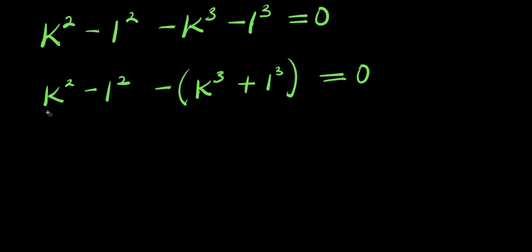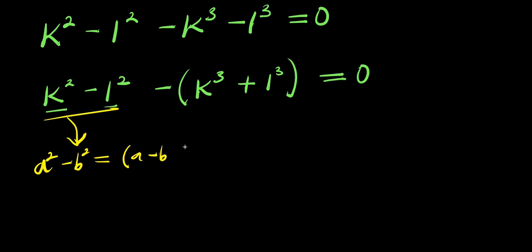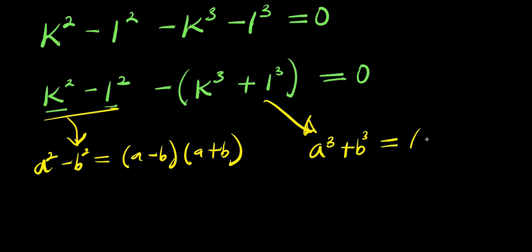Now we have k power 2 minus 1 power 2 here. For us to expand this, I will apply difference of two squares. If you have a squared minus b squared, this equals a minus b times a plus b. So our a is k and b is 1. Then for this, if you want to expand it, you have a power 3 plus b power 3, which equals a plus b times a squared minus ab plus b power 2.